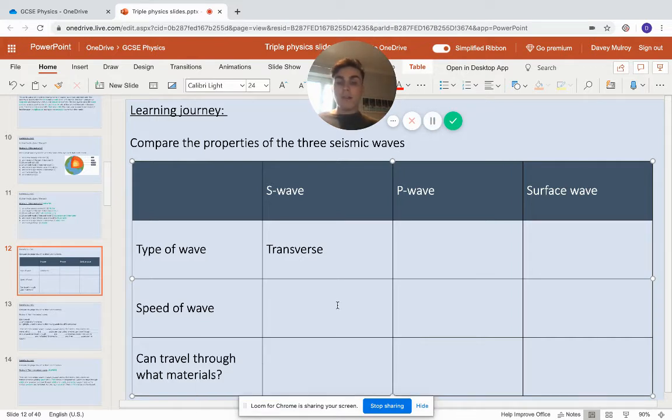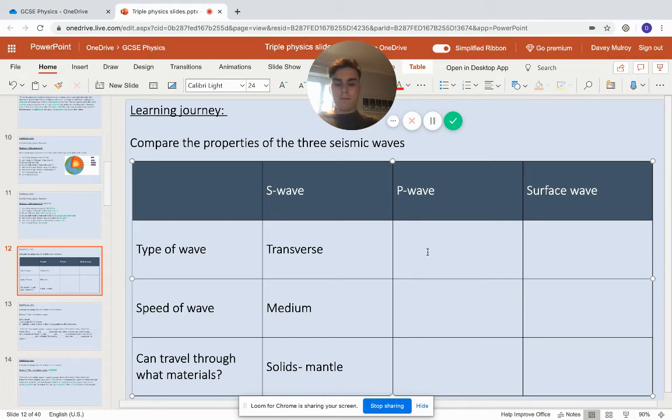Now our transverse waves, vibrations are at right angles, or really simply up and down. Now in terms of speed, relative to the others, our S wave is medium speed, and our S wave is able to travel through solids. And this means it can travel through the mantle. Okay? But it is stopped by the outer core.